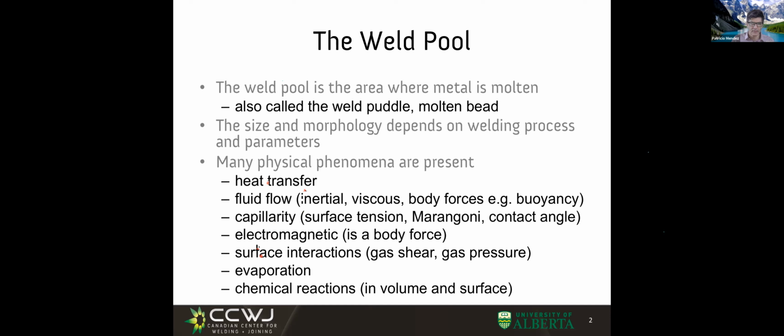We have surface interactions like gas shear and gas pressure. We have evaporation, right? Fumes come from molten metal that is evaporating. We have chemical reactions, and those are infinite, like fluxes. How do the fluxes suck up oxygen? All chemical reactions. So all that is happening in the weld pool. You see just a little bit of molten metal. Well, it's a whole lot more than that.